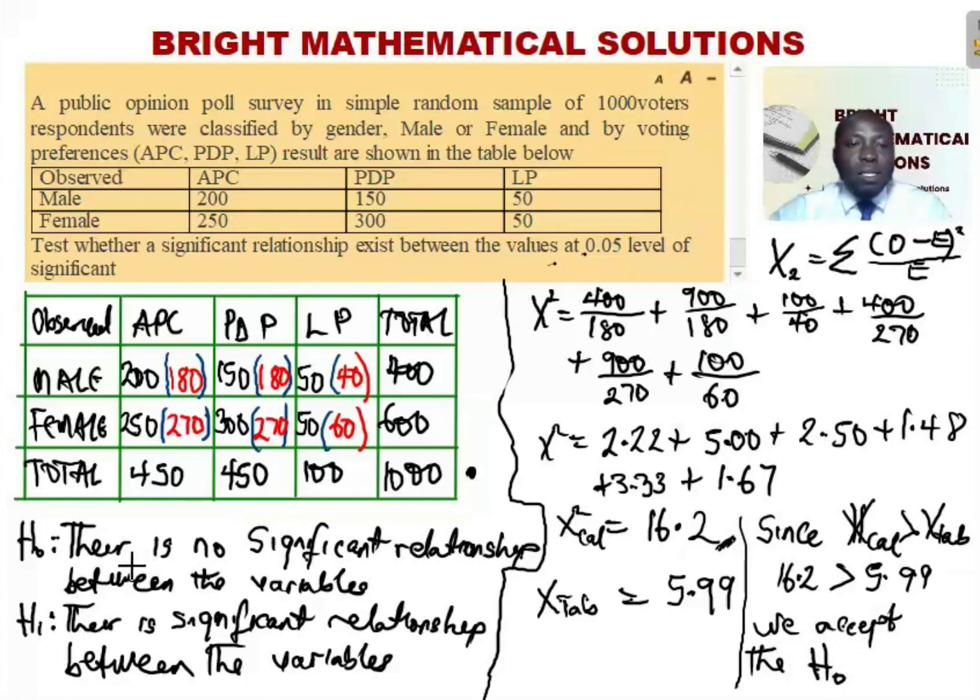And our final answer, so there is no significant relationship between the variables. So that is the solution to this problem.